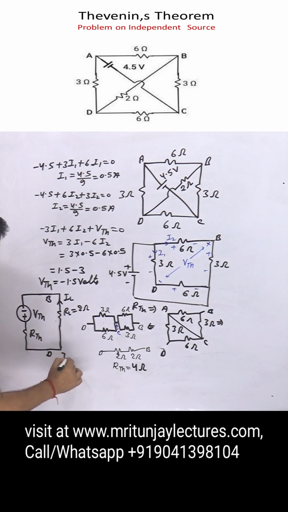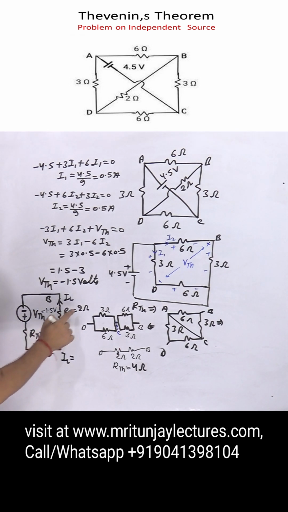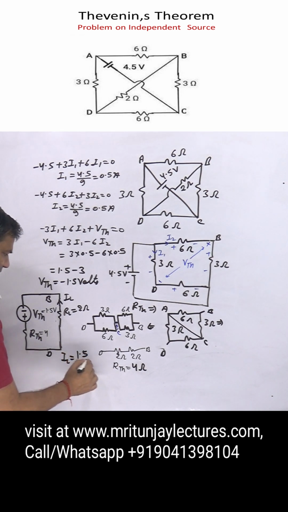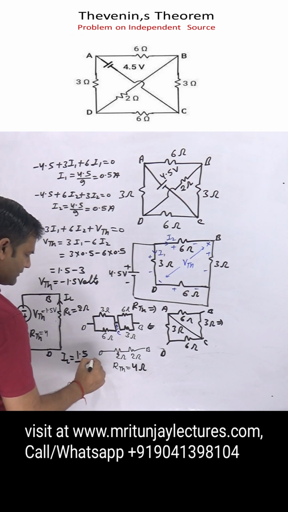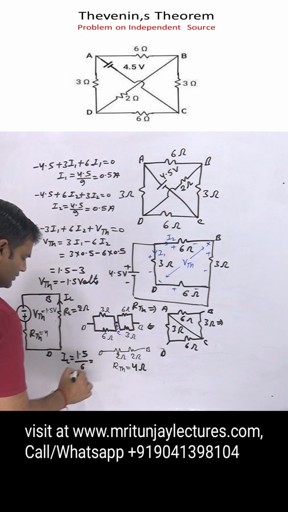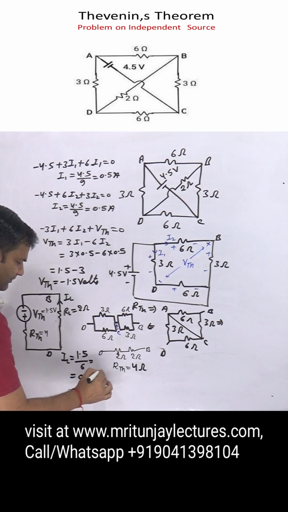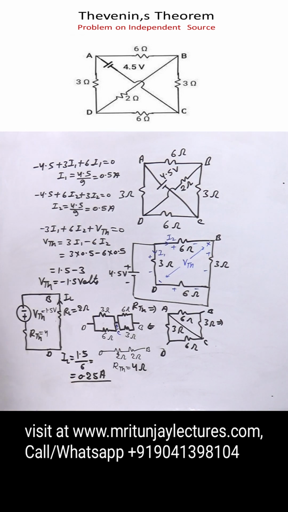So IL is written as VTH over RTH plus RL. VTH is 1.5 volt, RTH is 4 and RL is 2. So it is 1.5 divided by 4 plus 2, that is 6. That is 0.25, so 0.25 ampere is the final answer. Clear or not? So finally, what about direction? The direction of current is D to B.